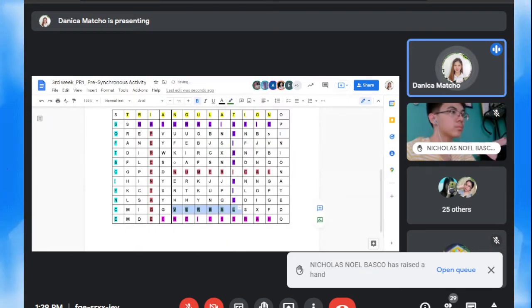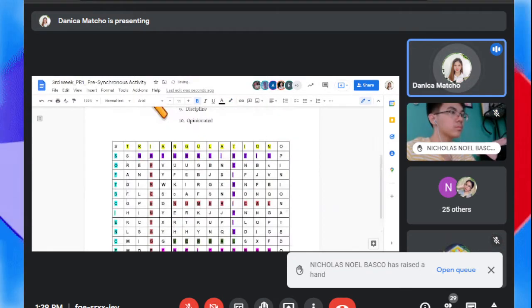Okay, very good. How about the word discipline? Where can we find the word discipline? Let us have Nicolas. Third row, last column, going up.